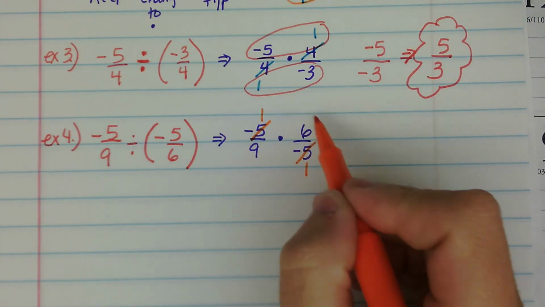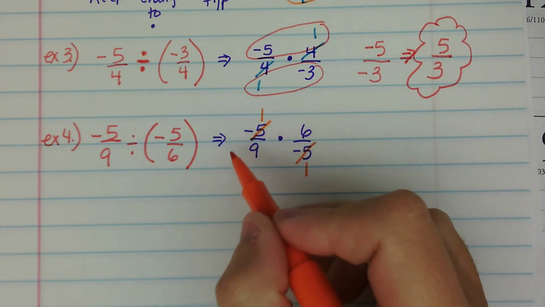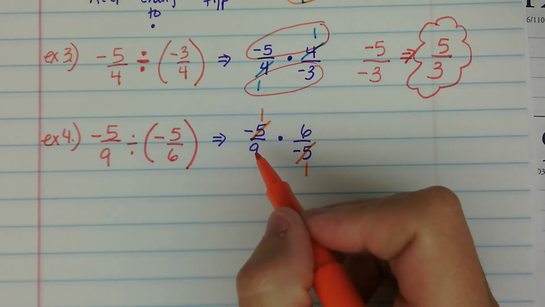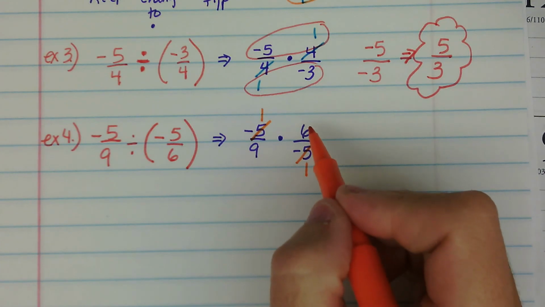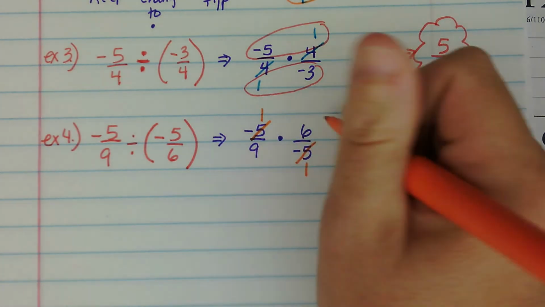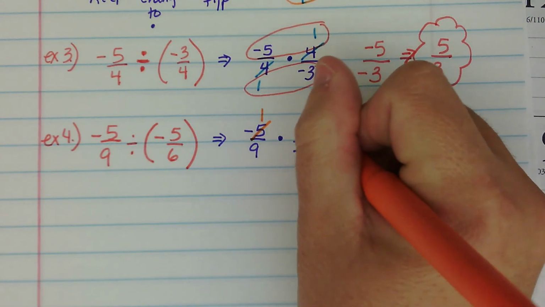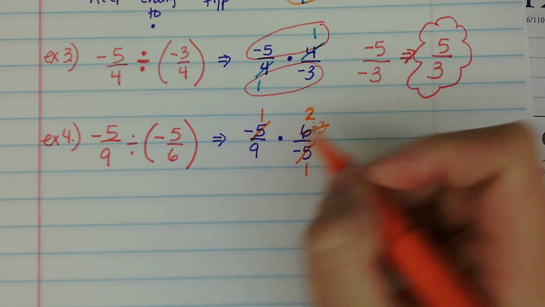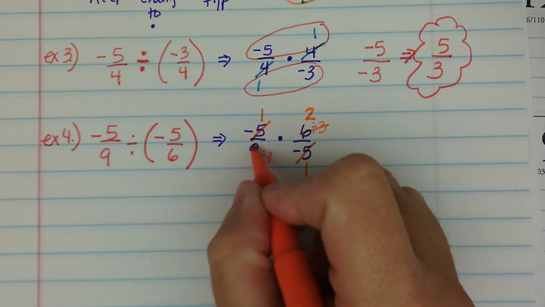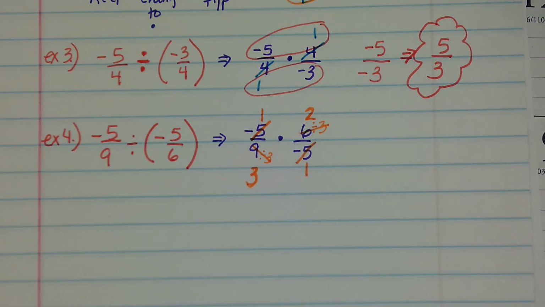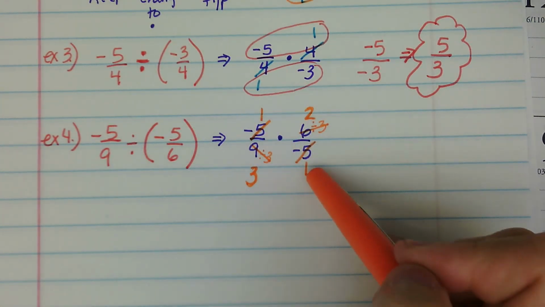Look at the 6. Does that have a common factor, or is there a multiple with the bottom? And the answer to that is yes. 3 divides into 6 and 3 divides into 9. So we're going to divide the top by 3, and that's going to give me 2. We're going to divide the bottom by 3, and that's going to give me 3. Lastly, I don't know if you caught it, but do you see a negative and a negative?